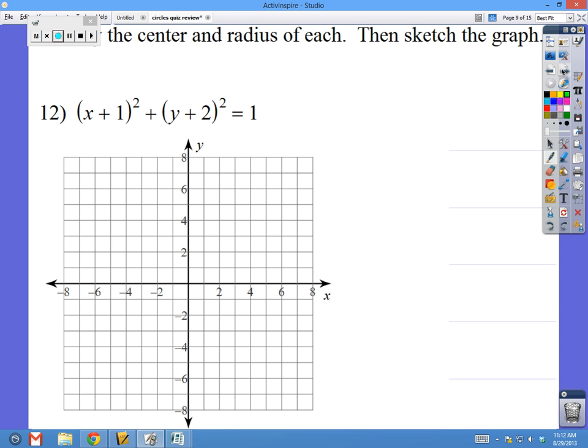Let's do 12. You guys try 12. With this problem, it's usually x minus 1, but your 1 is a negative, so you change that to a plus, so you'd go over 1. And with this one, it's the same. It's a negative 2, and you'd go down 2.